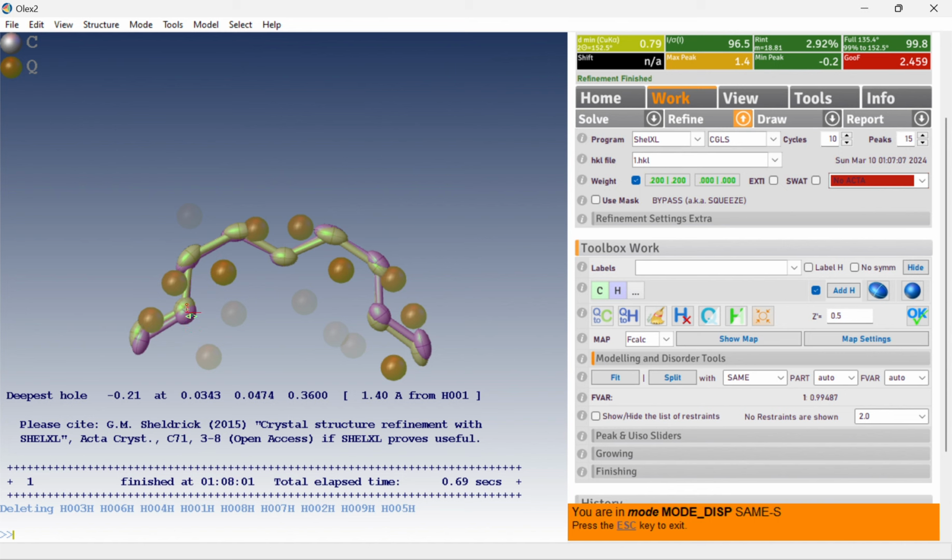And when I press shift and move the mouse, we move the selection. So I'm going to try to fit it to these electron density peaks to make them lay almost exactly on the top of each other.